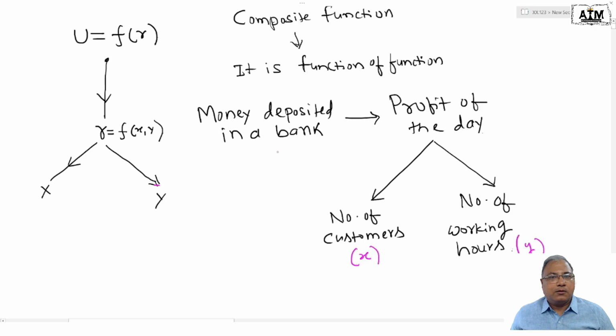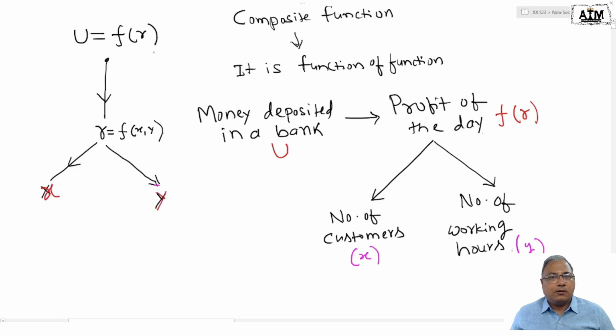Let us call money deposited in the bank by the letter U, and profit of the day by the function f of r. So we got u equals f of r is the function, and the r again depends upon the two variables x and y. R depends upon x and r depends upon y.